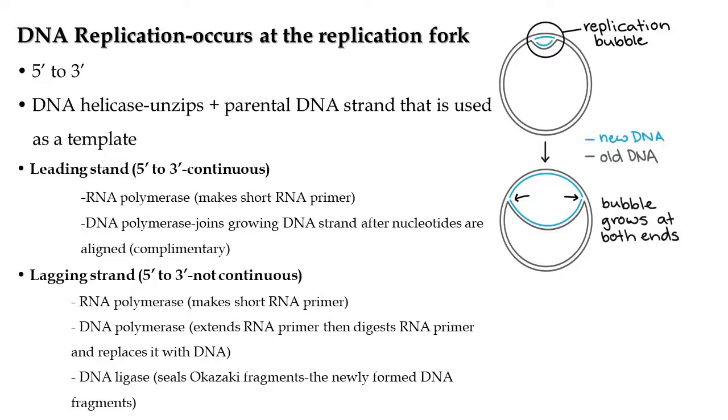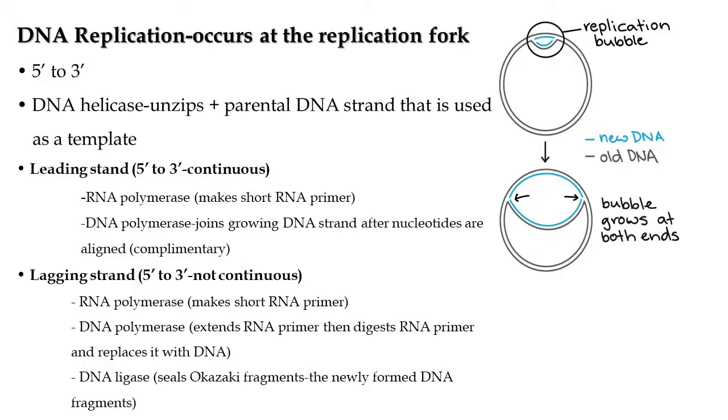You have your DNA leading strand, which is a continuous strand from 5' to 3'. Your primase, which is nothing but an RNA polymerase, will make a small primer. Your DNA polymerase 3 will act on it, adding new nucleotides to the 3' OH end, thus creating a strand complementary to the parental strand.